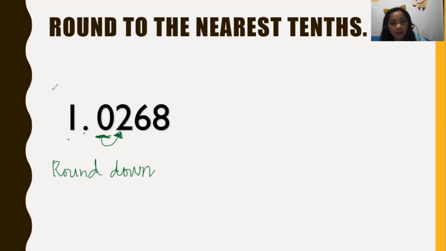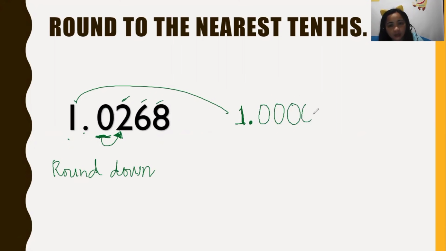Now, let's copy the first digit, which is 1. We have here the decimal. Then, round down, hindi mababago si 0. Ang mababago ay si 2, 6, 8, magiging 0, 0, 0, or 1. Pwede mo nang alisin to. Huwag mo na isasama si decimal kasi full number na siya.